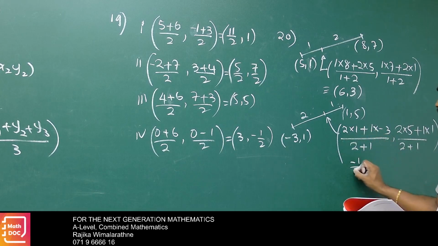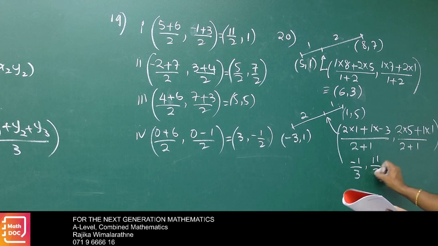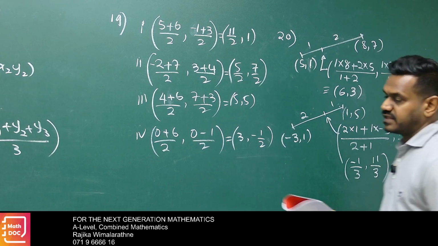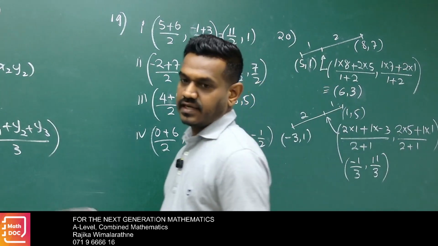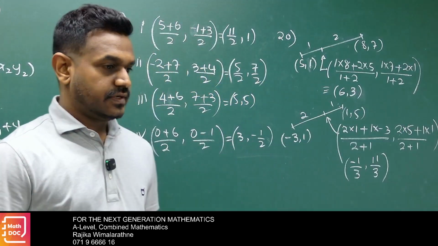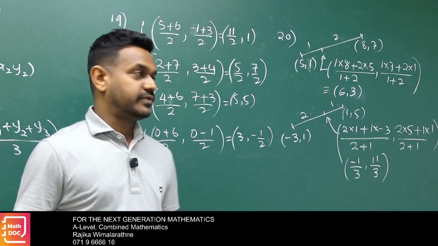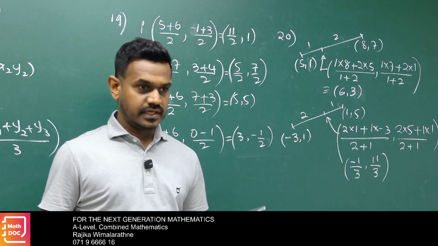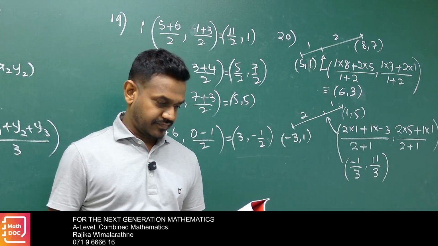Here minus 1 over 3, 11 over 3. That is internal division. You directly apply those theorems. So when we are doing straight lines, we need to get these theorems directly.